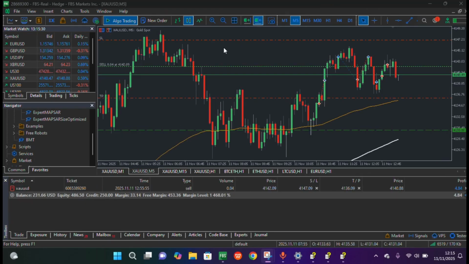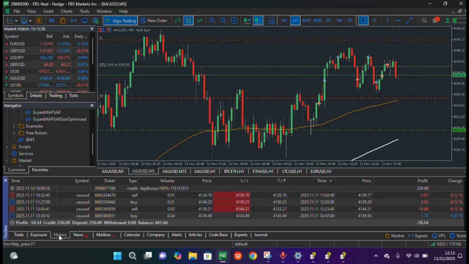Look at this trade, you're going to see that it is actually going in a high direction. Reflecting on the history of the trade today, look at the first trade, we had a -5, the second trade we had a -5, the last trade we had a -10, and then the fourth trade, I think we had a +1.